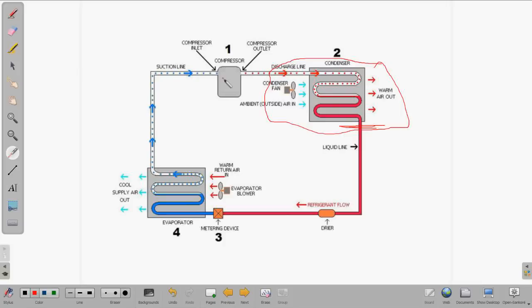And what happens is it raises the temperature of the refrigerant above that of the outdoor temperature, and it really doesn't matter what refrigerant it is. It usually raises it up to 100 to 110, 115 degrees so that it can reject the heat in the condensing coil.